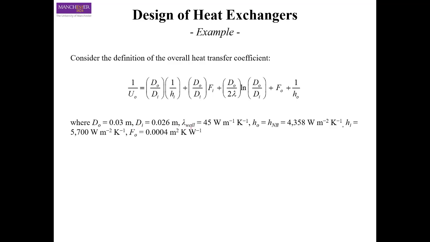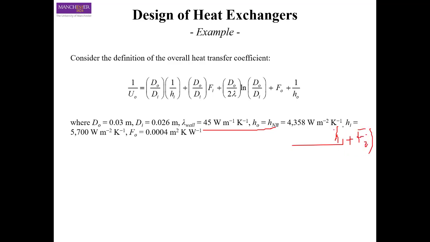We know the conductivity of the wall because it was given to us. We have calculated H naught, which is equal to H and B, using one of the correlations that we studied in lecture, Palin's equation. We know HI, which is actually the combination of HI plus FI.